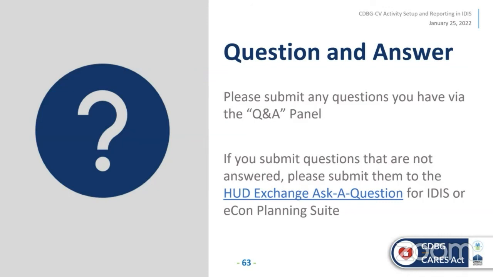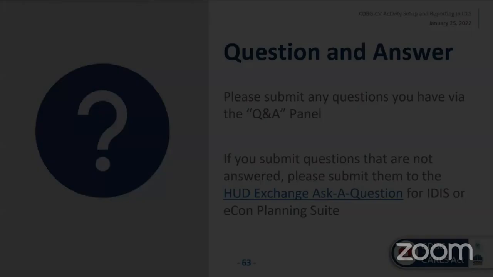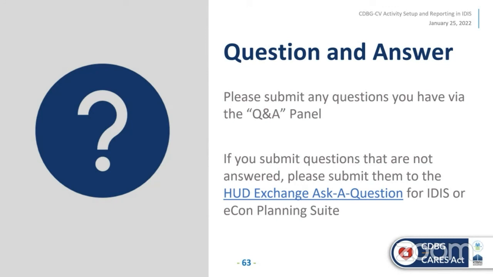And like we mentioned at the very beginning, if you don't have those privileges but need them, right, your local grantee administrator is the one who can grant those to you. And hopefully this is the PR30 that you can run to check and see what within your entitlement jurisdiction who has what privileges for what programs, who's active, who's not.